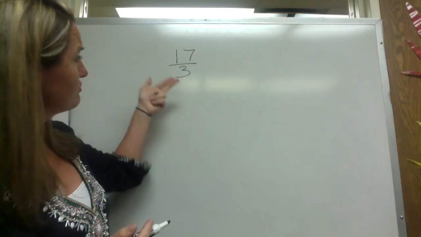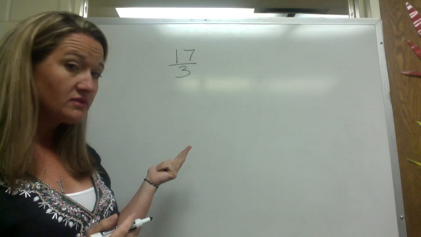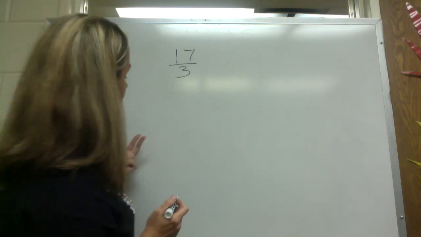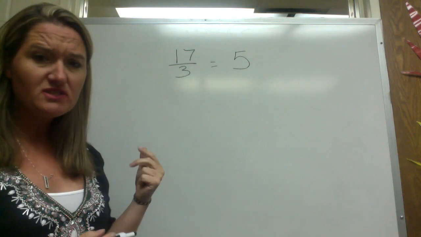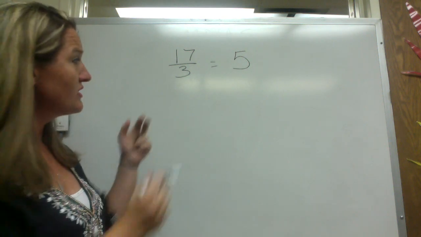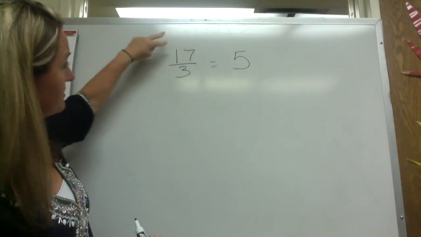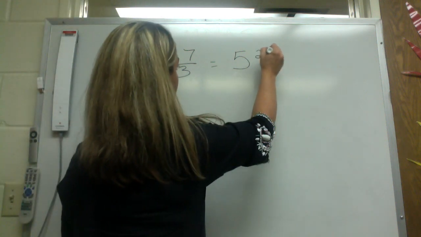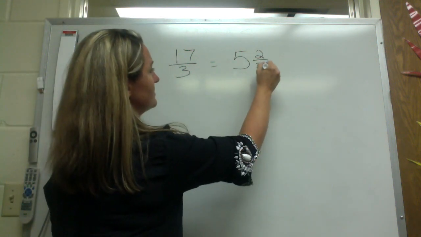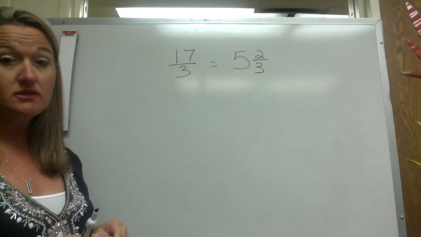So how many 3's will go into 17? 3 times 5 is 15, so that's 5 wholes. I take my 15 pieces out to make my 5 wholes. What do I have left? 17 minus 15 is 2, so I have 2 pieces left, and I just keep my denominator. So 5 2/3 is the same thing as 17 over 3.